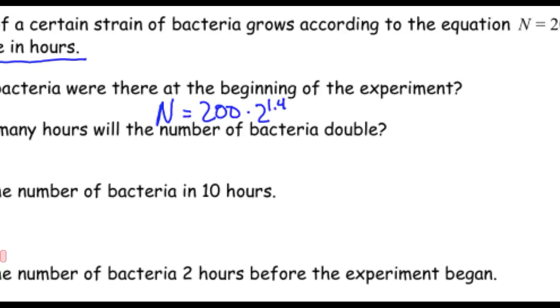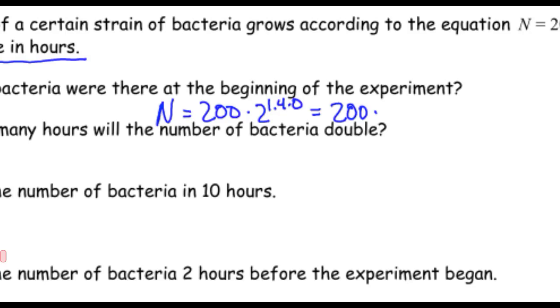Our formula, if you remember, is N equals 200 times 2 to the 1.4T, so it's doubling every 1.4 hours. So after 1 hour, less than an hour, it'll more than double. But our T at this point we said was 0, so 1.4 times 0, we end up with 200. We just plugged in that 0 for T, in case you're having trouble following along here.